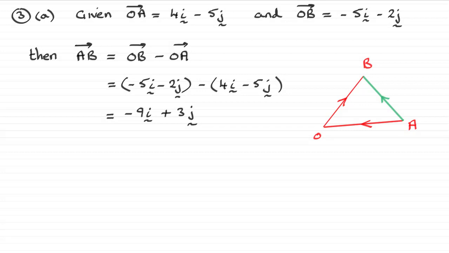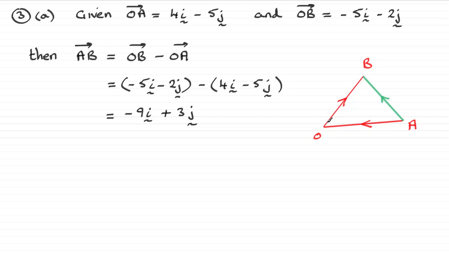Okay, so for this part of the question then, fairly straightforward. We're given the position vectors of A and B, and notice I've written them as O to A and O to B, because they always start from the origin. And you'll notice I've also made a sketch here of our vectors.